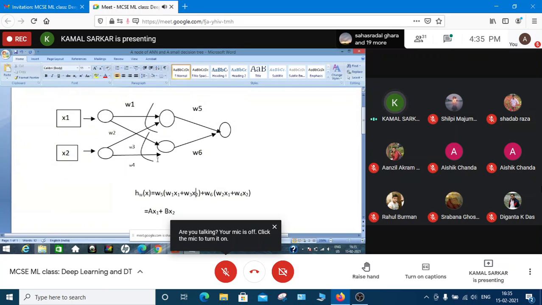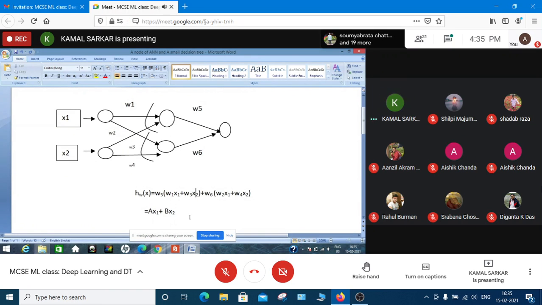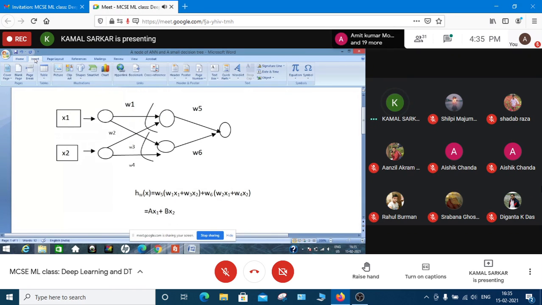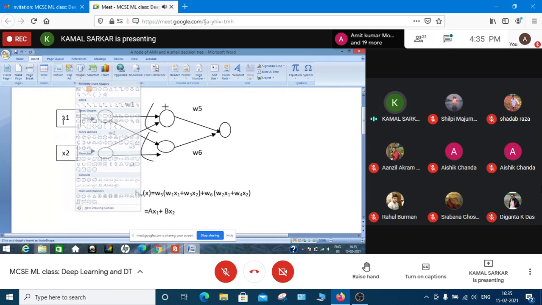I previously mentioned that if all the nodes are linear, the network will be essentially linear. For this network, if all nodes are linear, this is the representation of the hypothesis function. Try to recall what the weight value and the threshold value were here. There is some threshold; the bias neurons are there also.